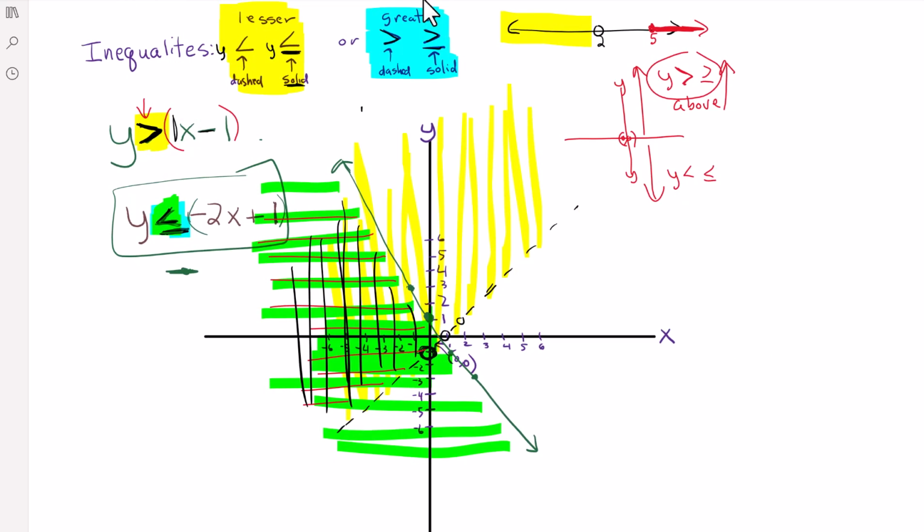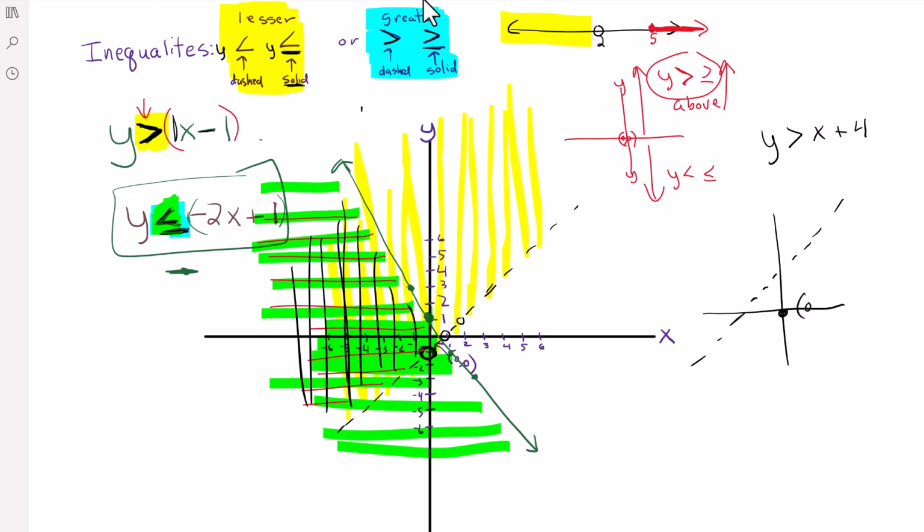Sometimes the teacher will say, pick a point. If you have just one inequality, and let's say the line looks like this, they'll say pick the origin 0, 0. So let's say this is y is greater than x plus 4.